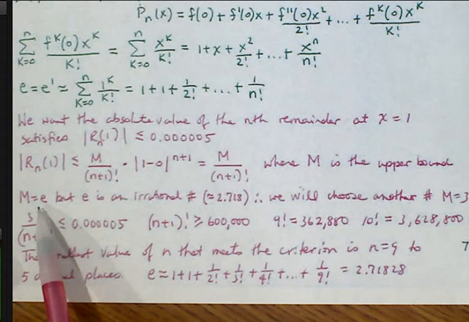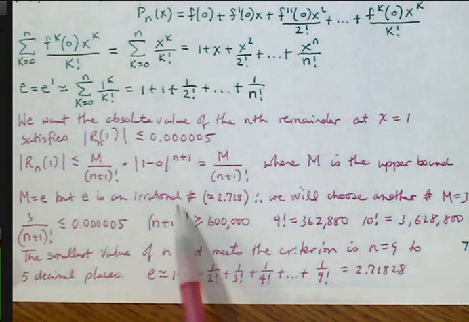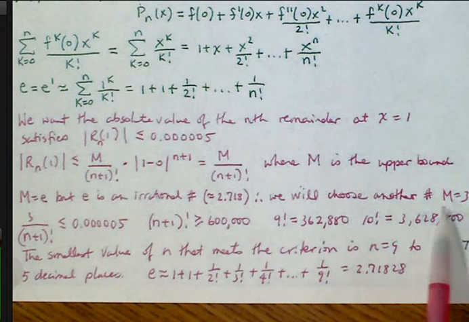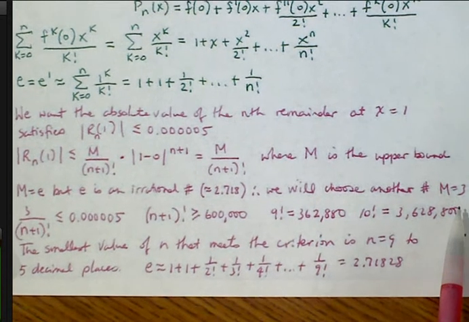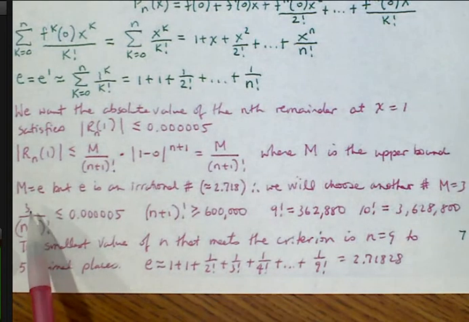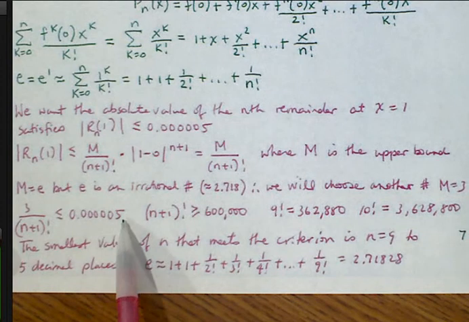All right, now if I use e, that is not a very nice number. So I'm going to choose a whole number that is greater than e. e is irrational and is 2.718, so I'm going to choose the number 3, which will be an upper bound. Now I set it up as 3, which is my capital M, divided by n plus 1 factorial, is less than or equal to 0.000005.